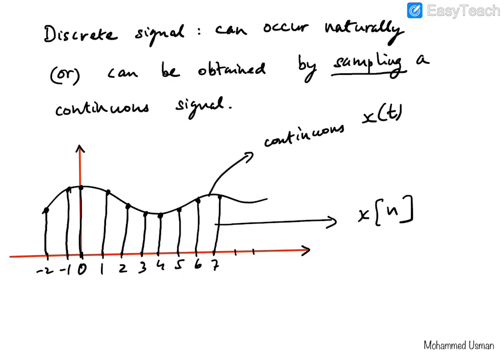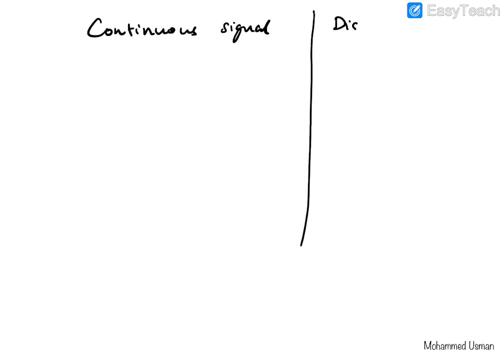So now just to summarize very quickly what we have discussed so far, we have talked about signals which are of two types. The first is a continuous signal, and the other is a discrete signal. So this is a continuous function of time.